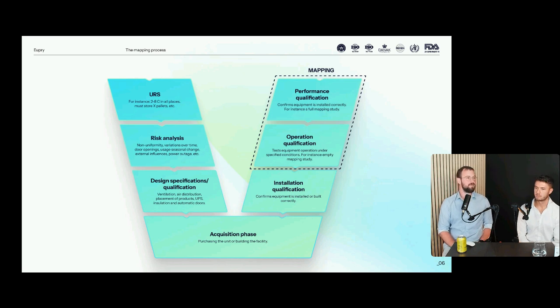So it is the final step of ensuring that facilities, warehouses, fridges, freezers, incubators live up to the requirements that are set out in the process requirements or user requirement specifications of any process. And we tend to see a lot of misconception about mapping being a part of validation, because the process that you are validating is the storage process.